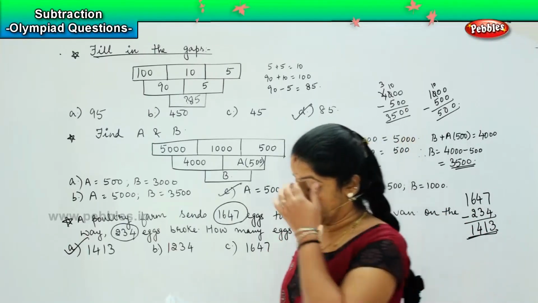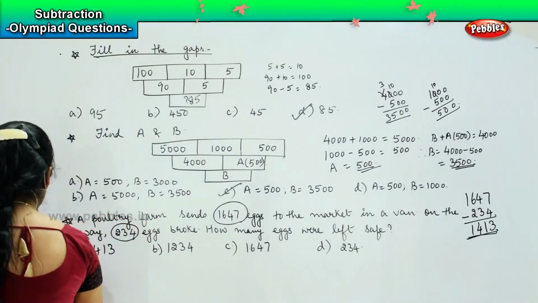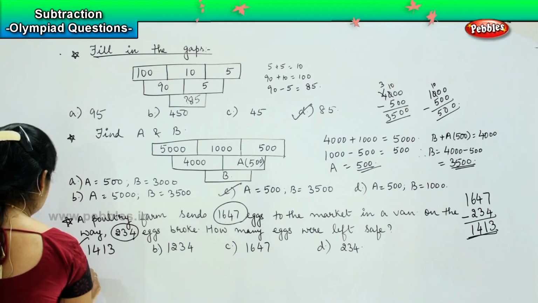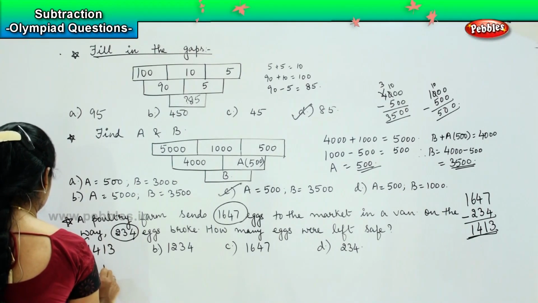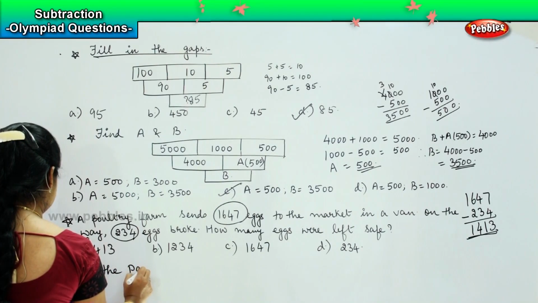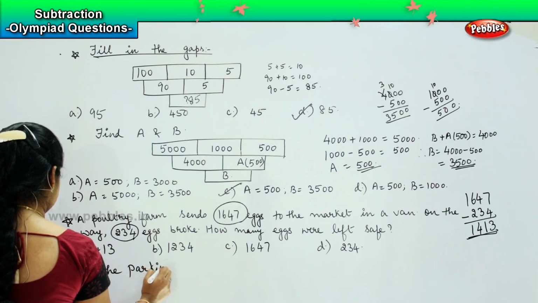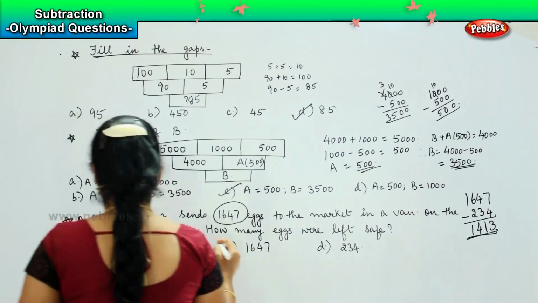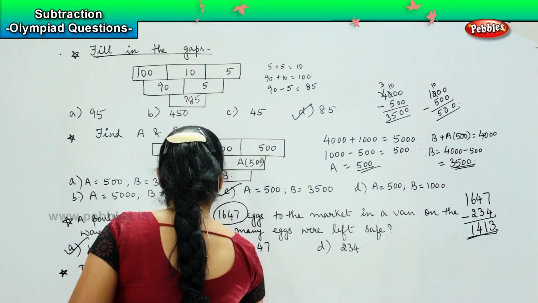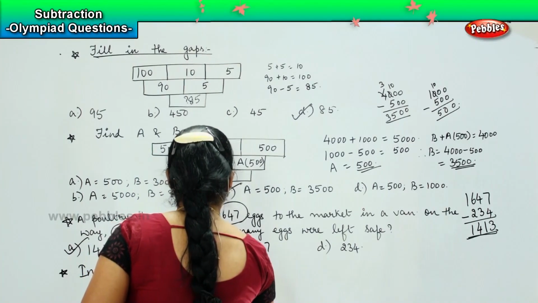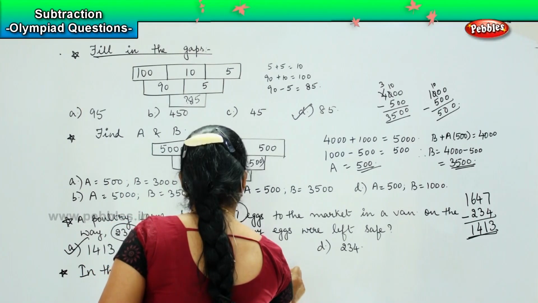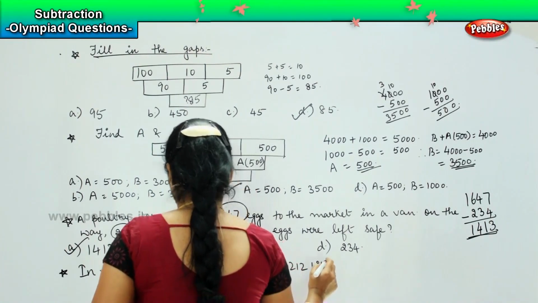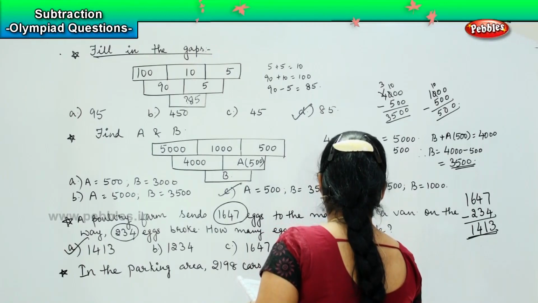Here is your next question. The question says, in the parking area, 2198 cars and 1212 bikes were parked.